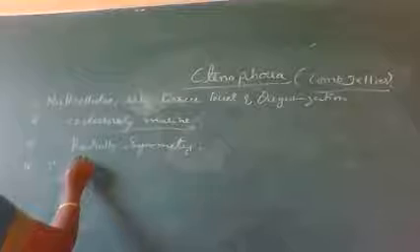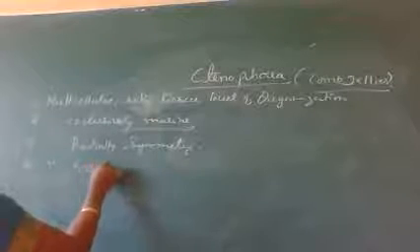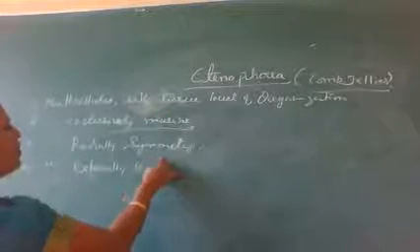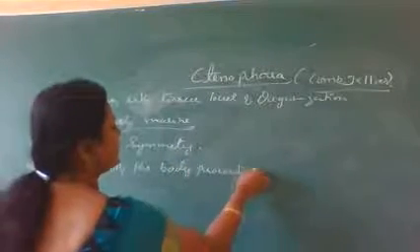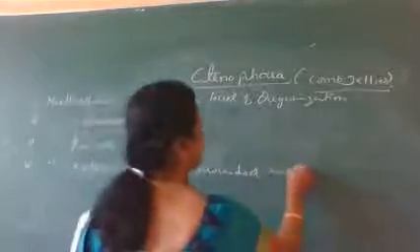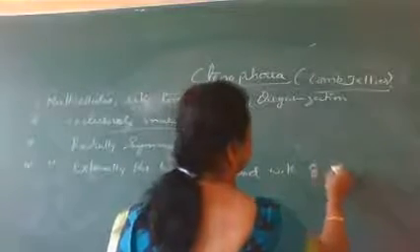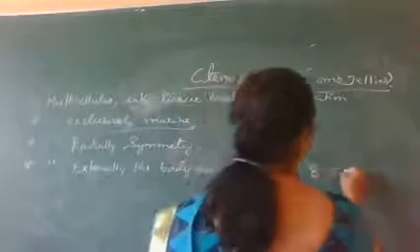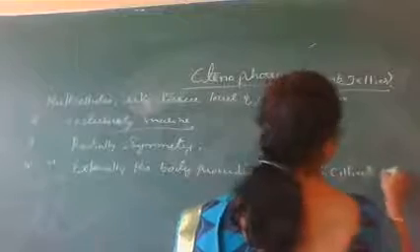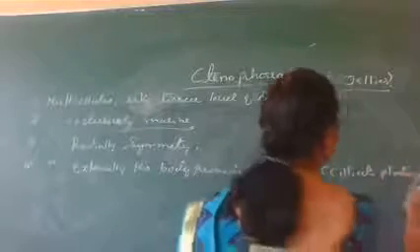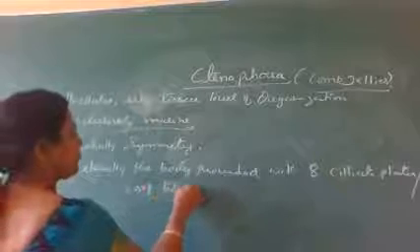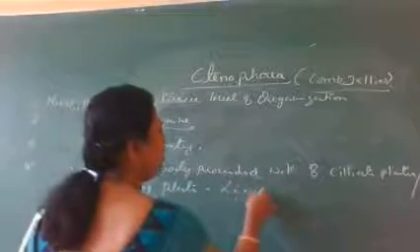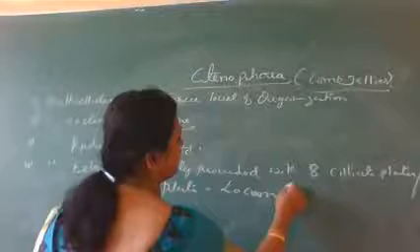Because externally the body is provided with 8 ciliated plates, or comb plates, meant for locomotion.